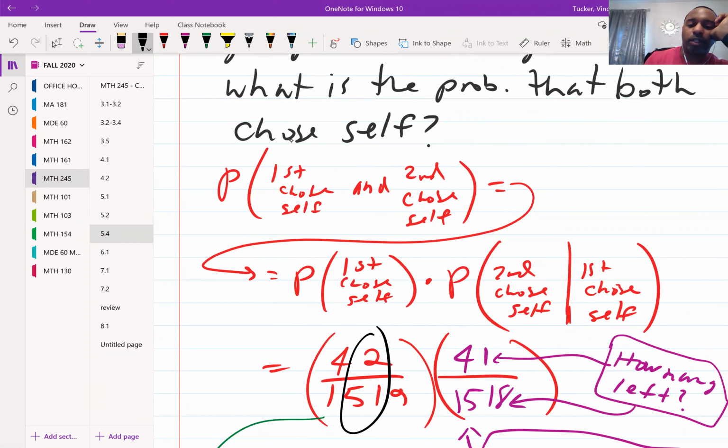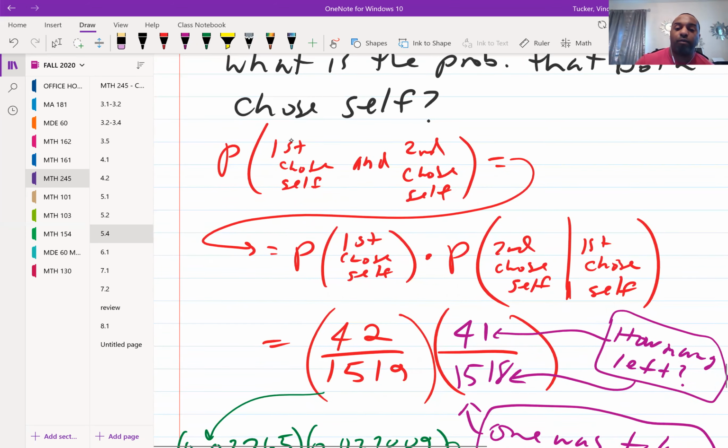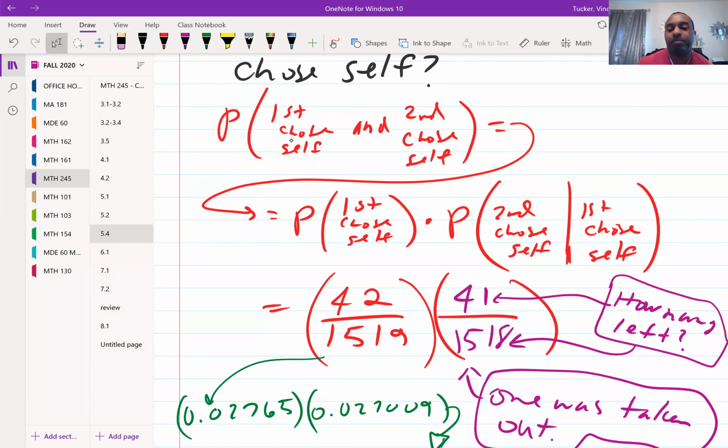So now the first one is that 42 over 1519. But now the second one, the probability that the second chose self, given that the first chose self, we have to consider the fact that when you pick somebody out of the group of 1519, the one is gone. And so that's why we have 41 over that 1518, because that's how many is left.